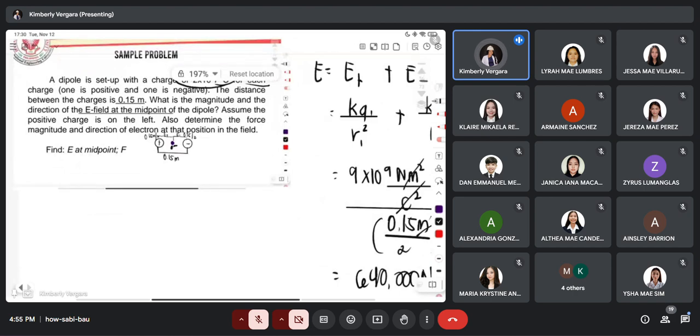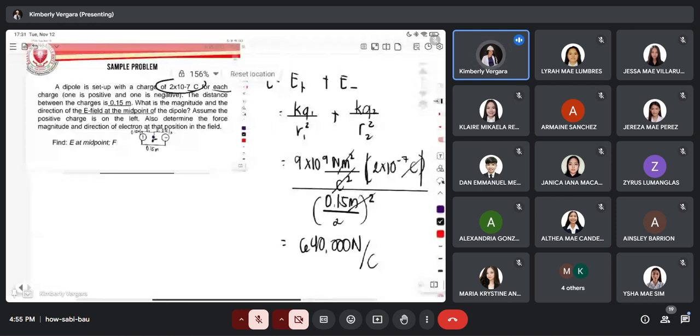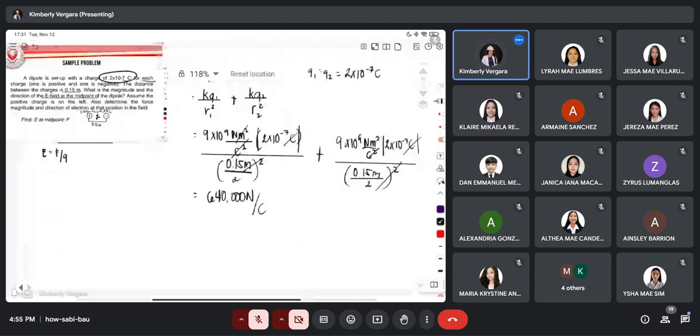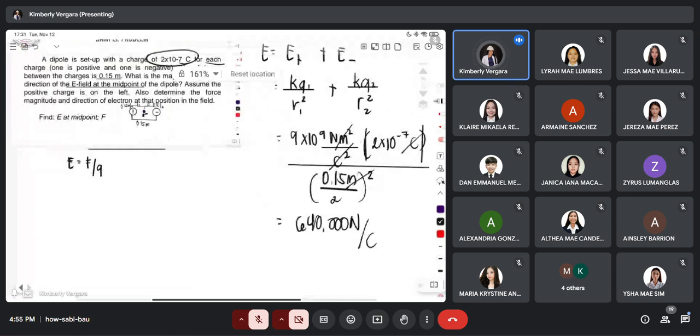Paano po ang gagawin natin? Paano natin makukuha si F? So, determine the force. So, E is equal to F over Q. So, ang E natin is 640,000 Newton per coulomb.